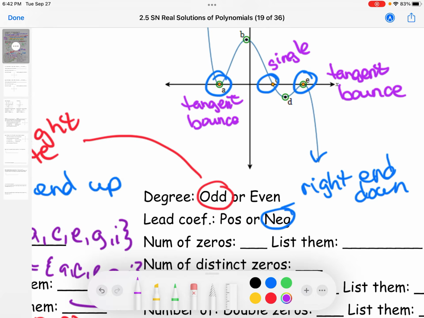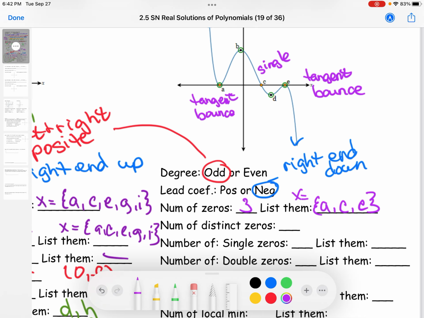Okay, so the actual number of zeros here is 5, but there's 3 x-intercepts, and they are at A, and at C, and at E, and that needs the x equals and the curvy braces there. Okay, those 3 points are zeros. Okay, the number of distinct zeros is 3.